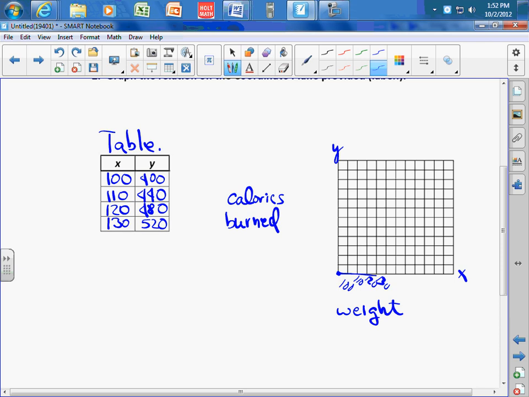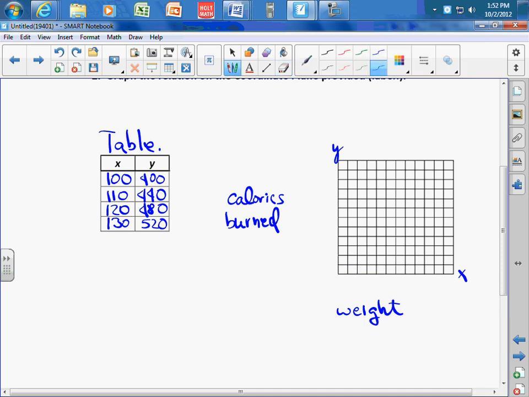Well, why not? Then our graph would be limited to this portion of the coordinate plane, and I want to spread it out. Plus, your intervals need to be consistent, meaning whatever this gap is, this needs to be the same. If this space going to that first mark is 100, then the second mark would have to be 200. So we can't do that.